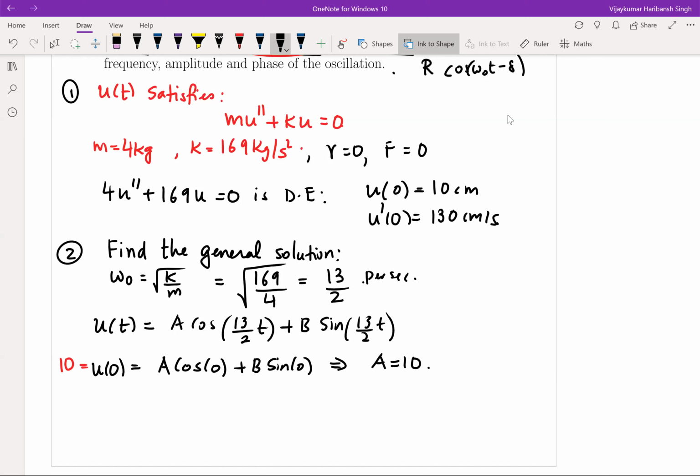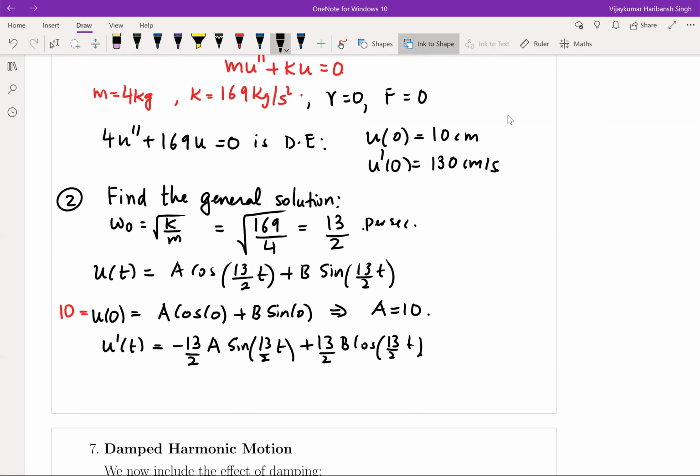Now we need to find our b. For that, notice that if you take the derivative, u prime of t, on one hand you get minus 13 by 2 a sine 13 by 2 t plus 13 by 2 b cosine 13 by 2 t. So this implies u prime of 0, on one hand, is given to us as 130.